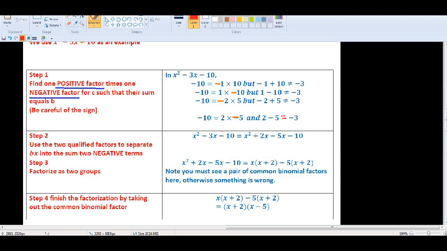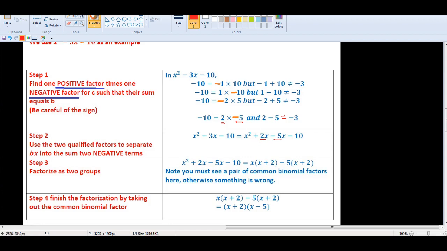Then we could separate x squared minus 3x minus 10 into x squared plus 2x minus 5x minus 10. Now you see that's 2, that's minus 5. So 2x minus 5x is minus 3x.